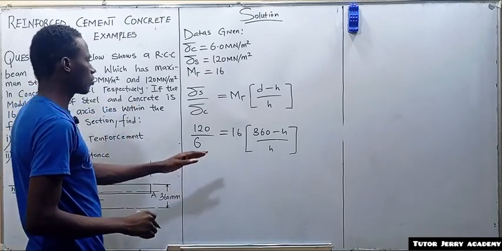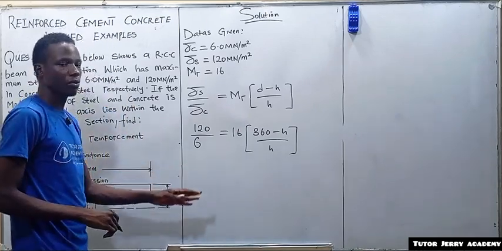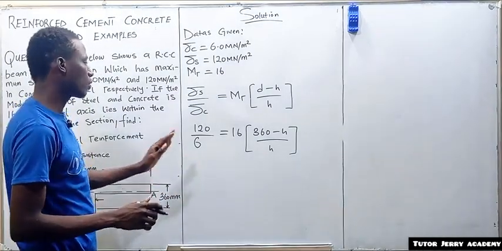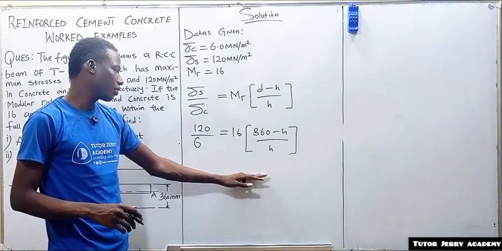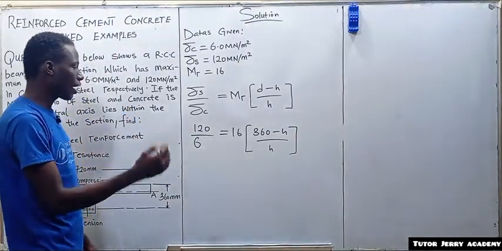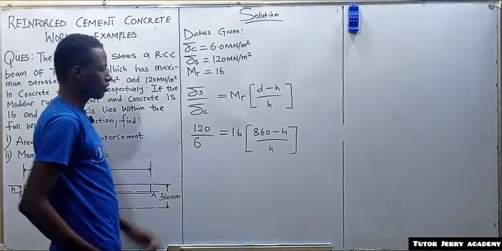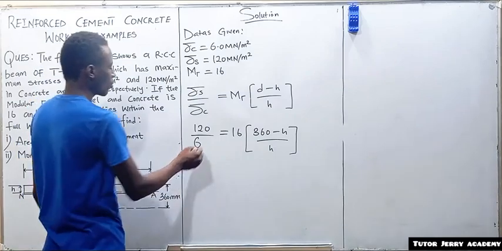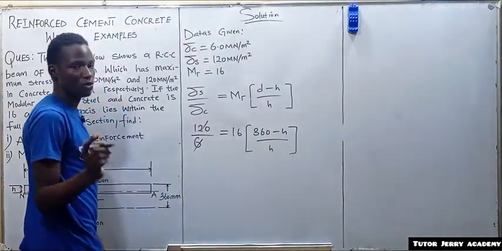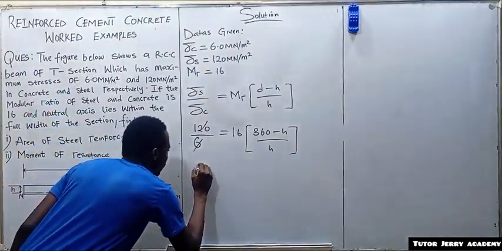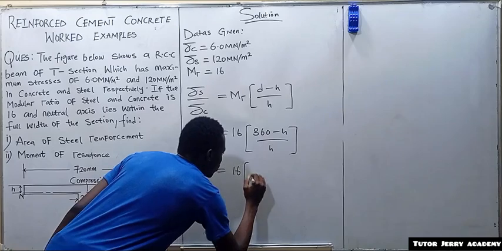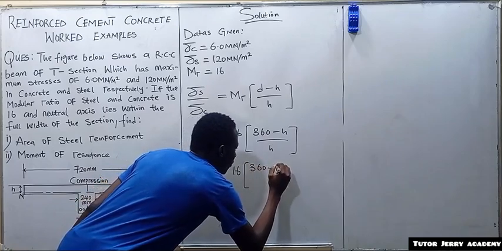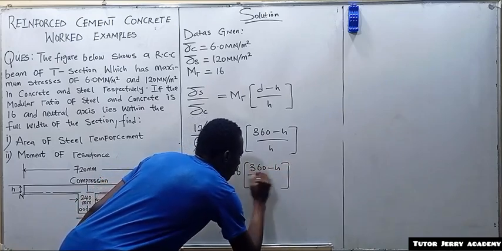So now we are going to cross multiply, because we need to find our value of h. Or rather, 120 over 6 is 20. So we have 20 equal to 16 into the bracket of 360 minus h, all over h.